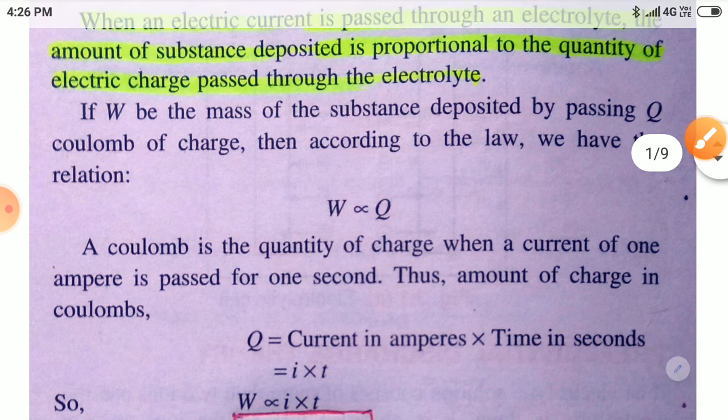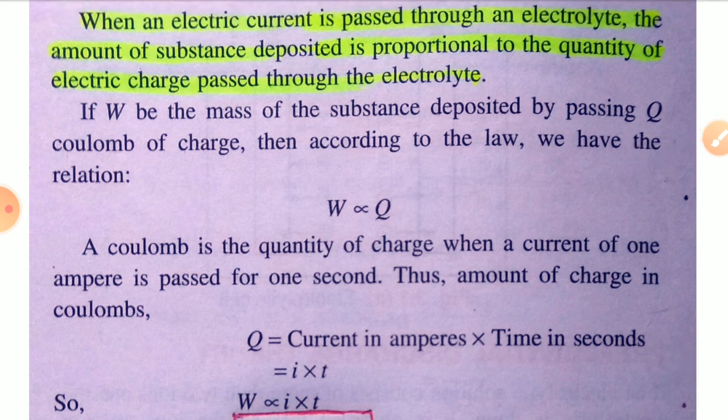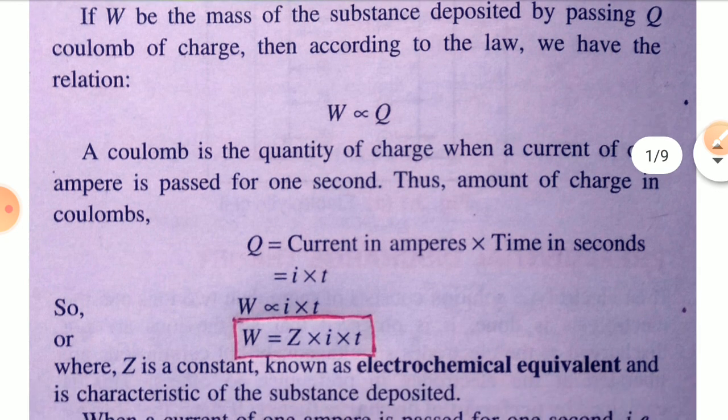A coulomb is the quantity of charge when a current of 1 ampere is passed for 1 second. Thus, the amount of charge in coulomb, Q, is equal to I T, where I is current in ampere and T is time in second.